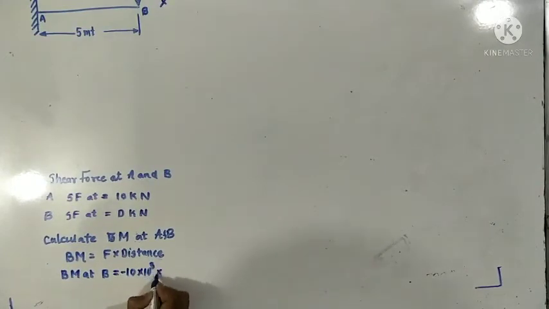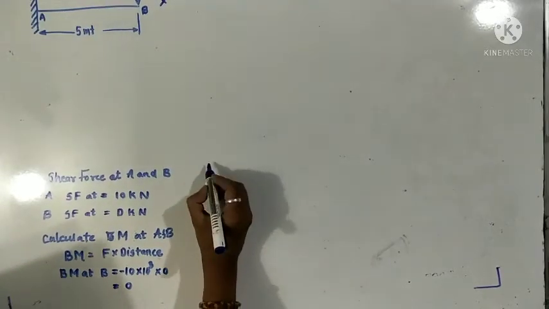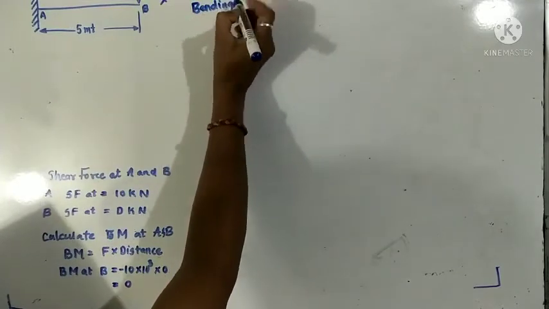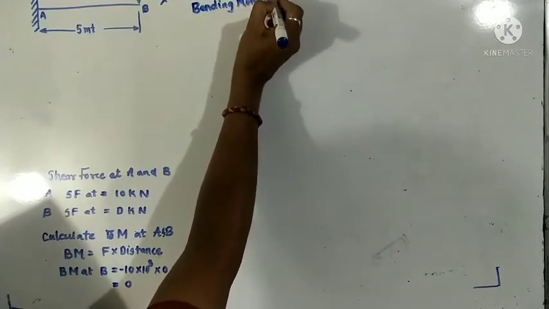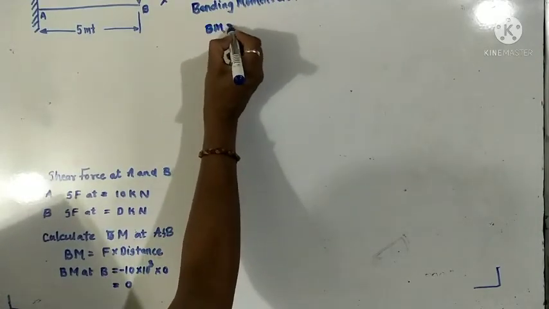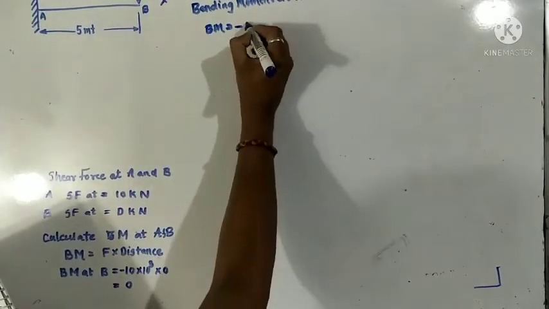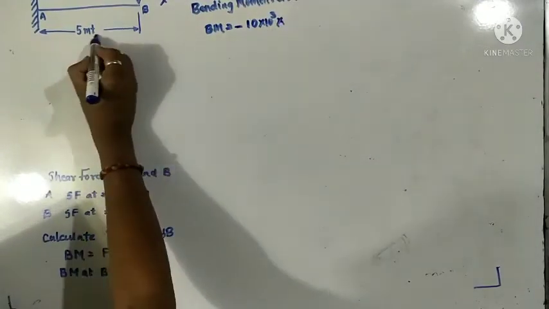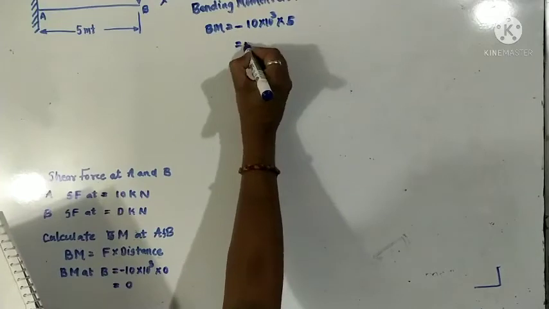So it is 0 kilonewton mm. Whereas the bending moment at A is negative 10 kilonewton, the distance is 5 meters from the applied load, so it will be minus 50 into 10 raised to 3 Newton mm.